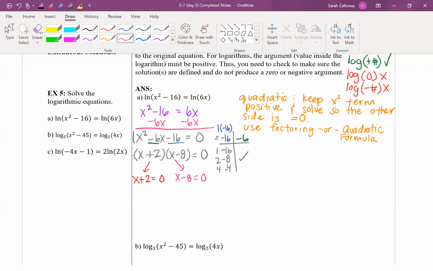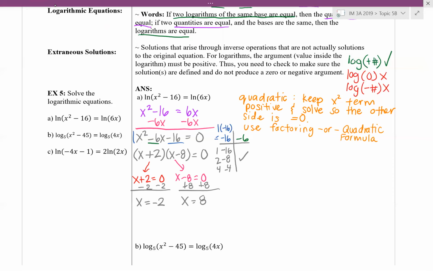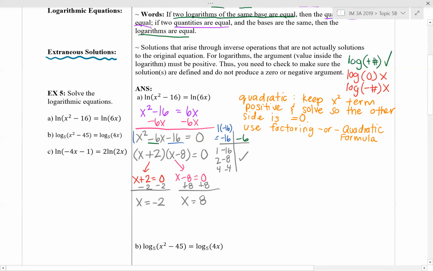I have x plus 2, so I'll subtract 2 from both sides, which gives me x equals negative 2, and then adding 8 to both sides gives me x equals positive 8. Remember, the shortcut is when I have x plus 2, I just change the sign on the 2, and that's my answer. For x minus 8, I change the sign on the 8, and that's my answer. Remember that our final step is checking for extraneous solutions, so we're going to check to make sure that these values have positive arguments.